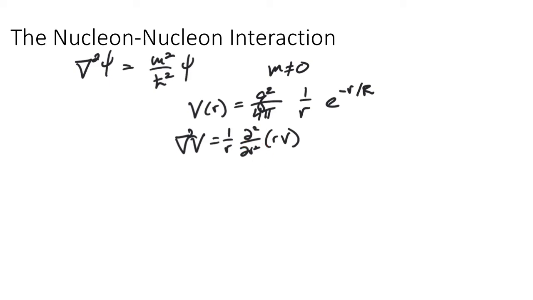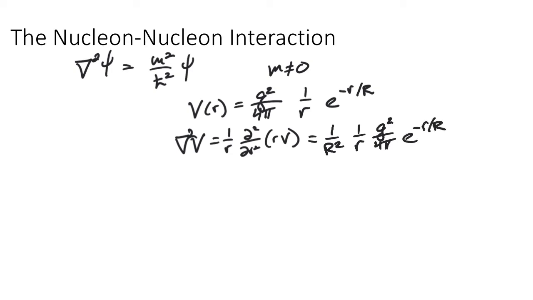We have two derivatives with respect to r. They bring down 1 over capital R squared, and then we put back in the little r, and so this equals 1 over R squared times g squared over 4 pi e to the minus r over R over r.